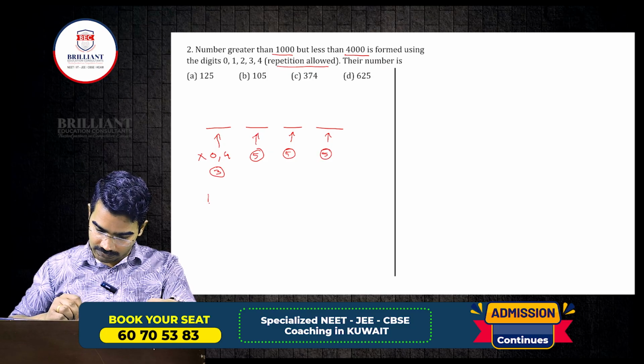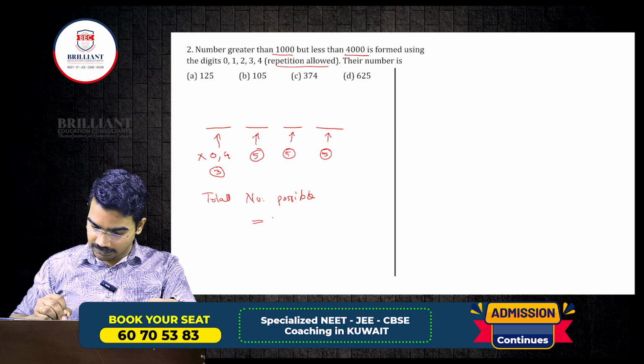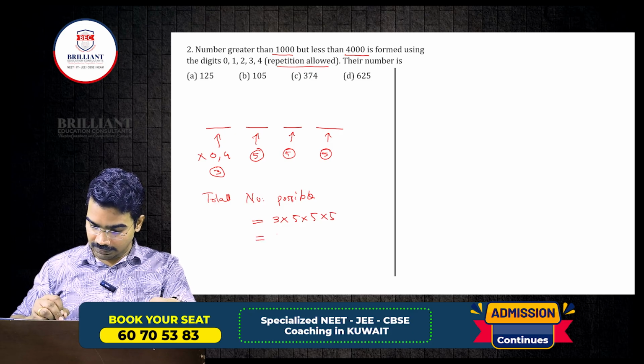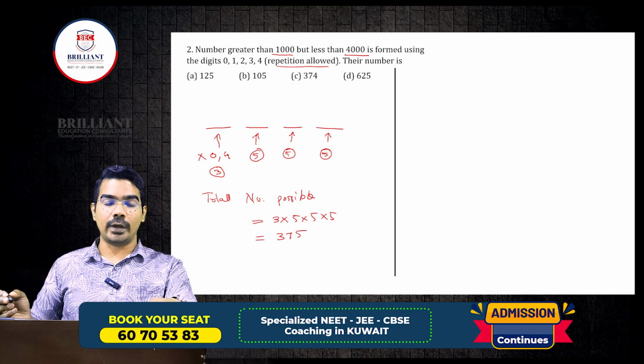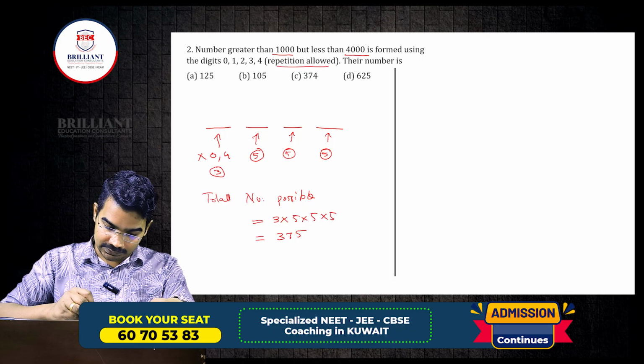So the total numbers possible are 3 into 5 into 5 into 5, that will be 375. But here one thing you have to notice is that 1 is a possibility here as well as 2, 3.